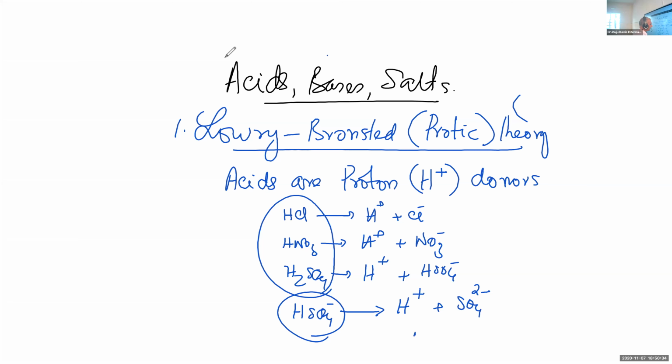Take the ammonium ion, NH4 plus. It ionizes, giving NH3 plus H plus ion. So from the ammonium ion, H plus ion is produced. So by definition, the ammonium ion is also an acid.